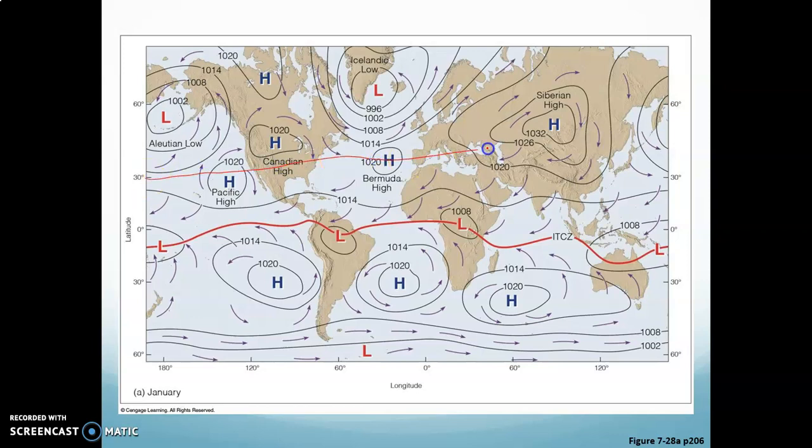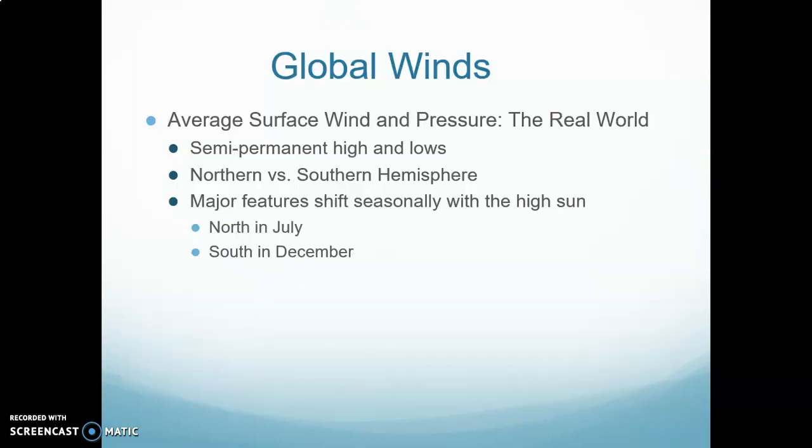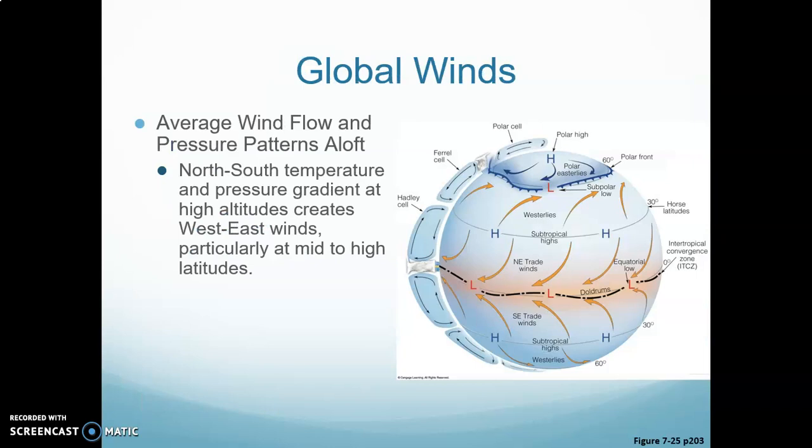Not perfect, but that has to do with the fact that the Earth is no longer just plain water. When you introduce land, that causes friction, slows down winds, and distorts these patterns that we saw in this figure right here.